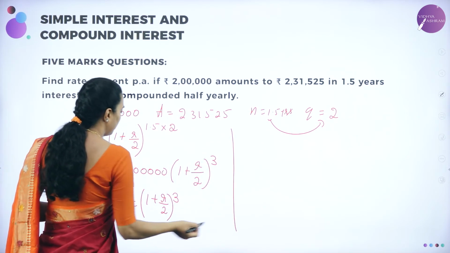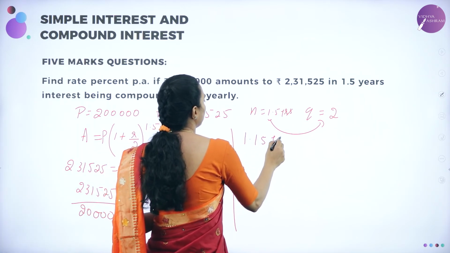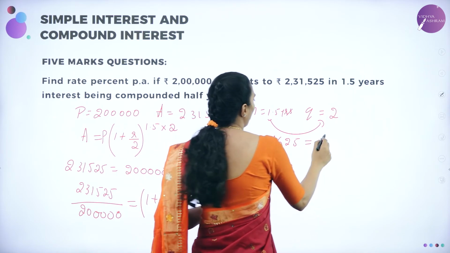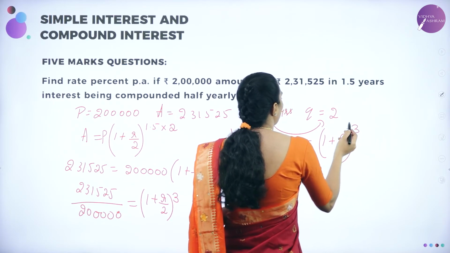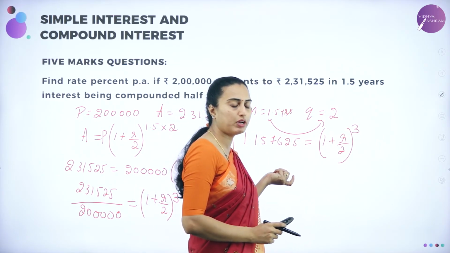Now this is 1.157625, equal to 1 plus R by 2 whole to the power of 3. Either you can take this 3 to the other side, it will become to the power of 1 by 3.